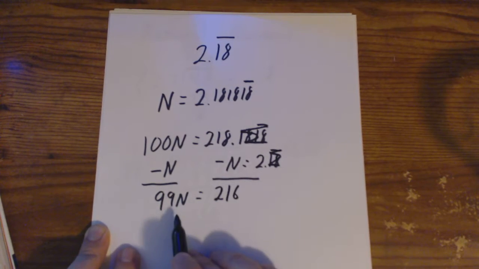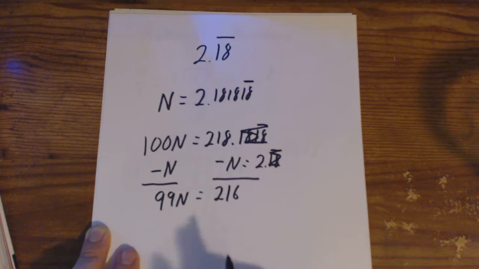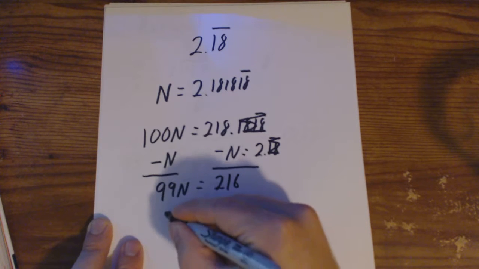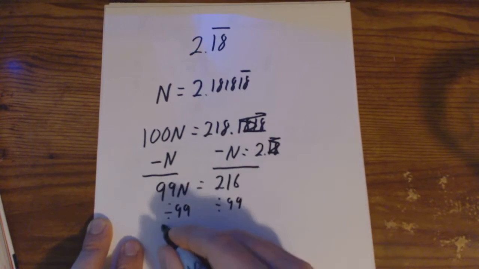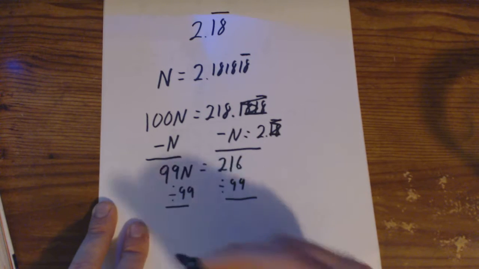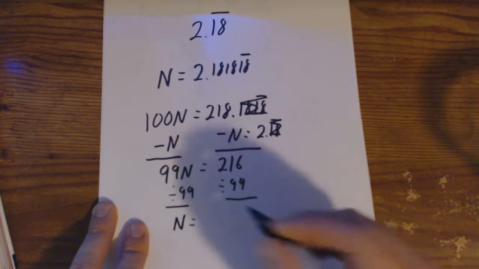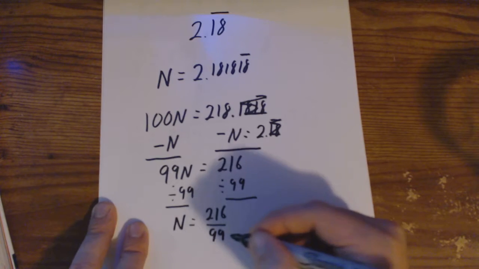Now if we want to find out that n, we need to get it by itself. We're going to have to divide by 99. So we divide each side by 99. What's going to happen here? 99 divided by 99 is 1. All we have left is n. Here we're going to have 216 over 99.